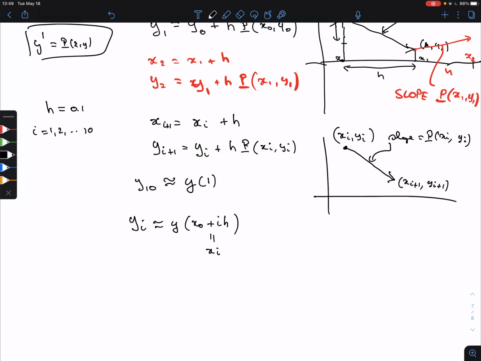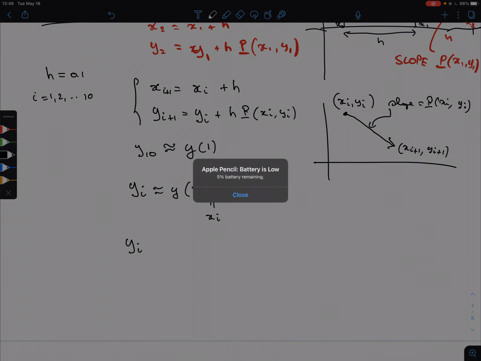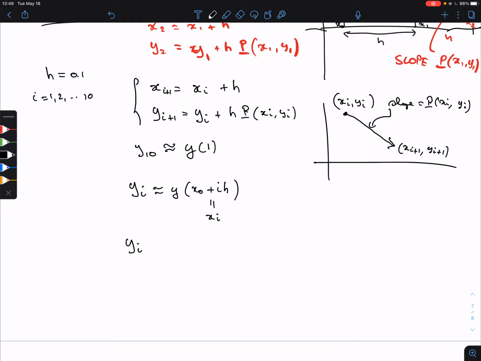So let me repeat, the y_i that I calculate using this iterated calculation, I have to iterate this. This is recursive, for those that have seen a little bit of discrete math or programming.